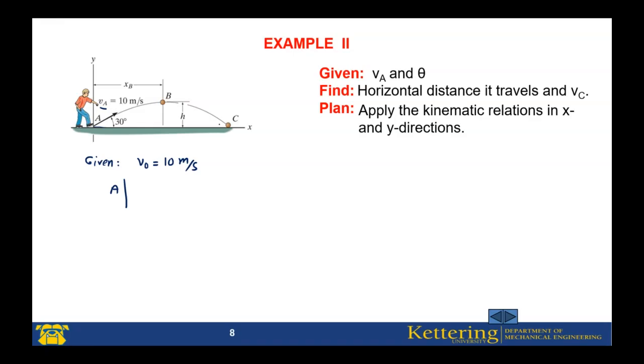Based on the coordinate system given here, we want to find x0 and y0. And also, when this hits the ground at C, we want to know what the x is and what the y is.